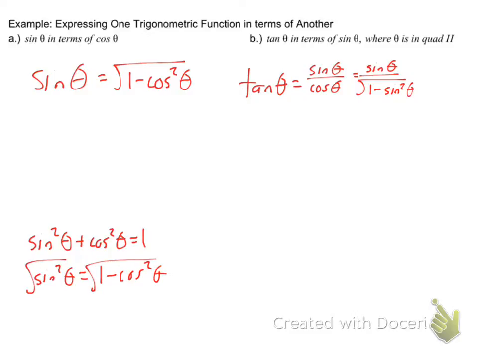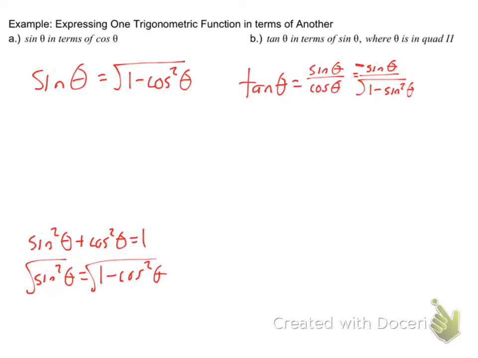Now, here's the problem. In second quadrant, sine itself is positive, so the top will be positive. When you're squaring any number and taking the square root, it will also be positive. So this whole thing is going to be positive no matter what we do in second quadrant. So therefore, I need to put a negative in there to guarantee I have negatives because tangent was negative.